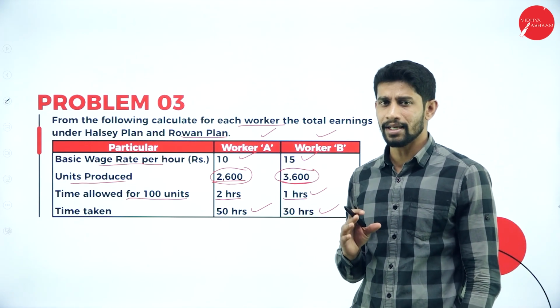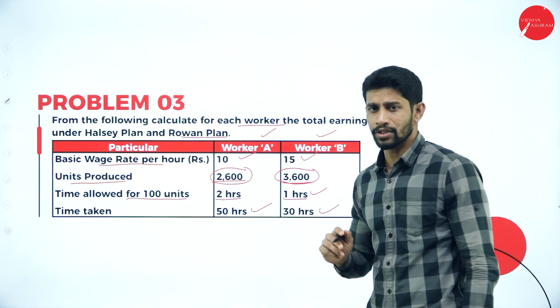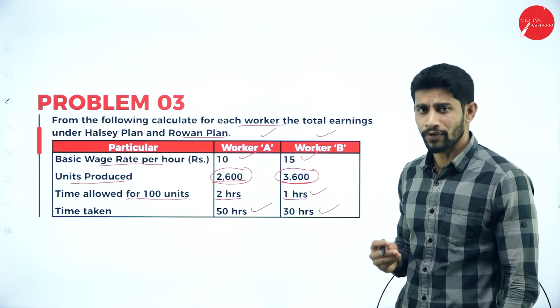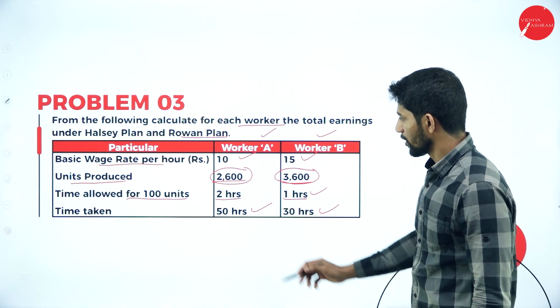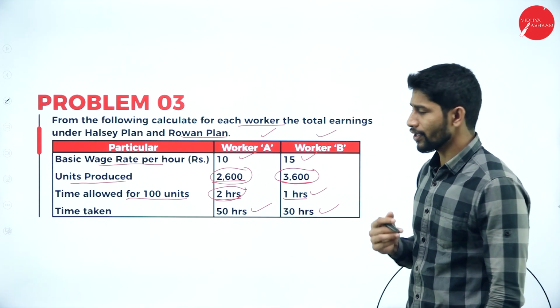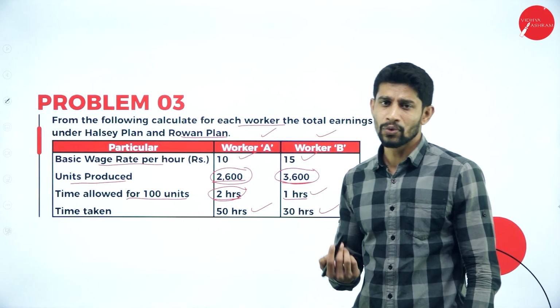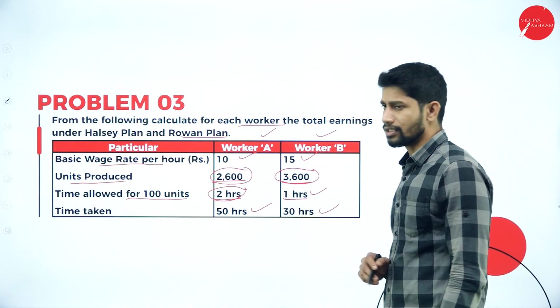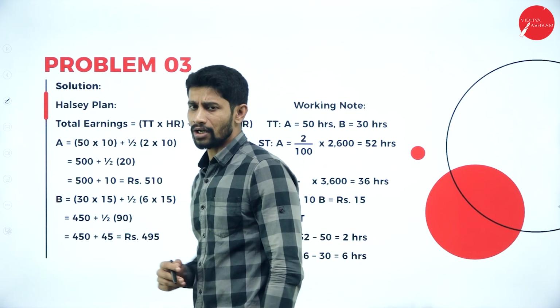We are supposed to find out the standard time, then only we can solve the problem. So to produce 100 units, 2 hours is required. Now we are supposed to find out what is the time required to produce 2600 units and 3600 units. So now let us solve the problem under Halsey plan.